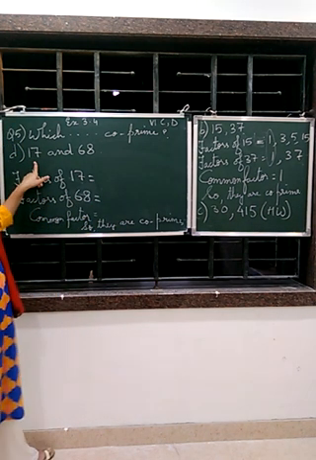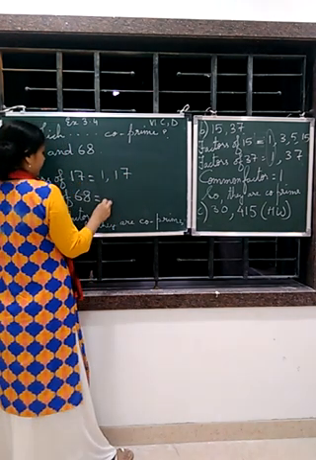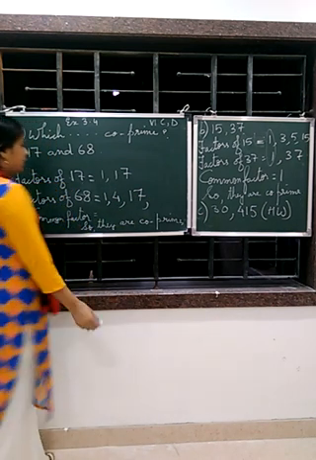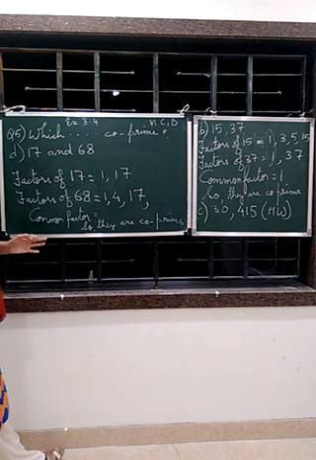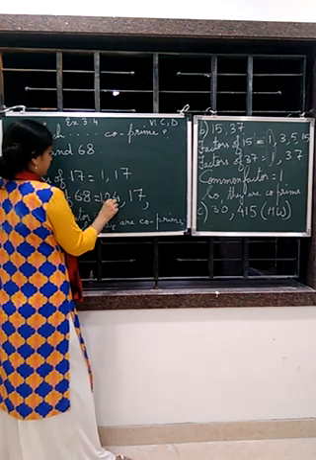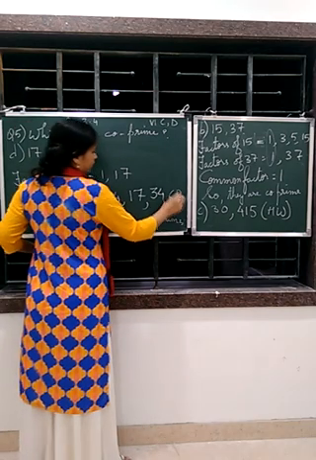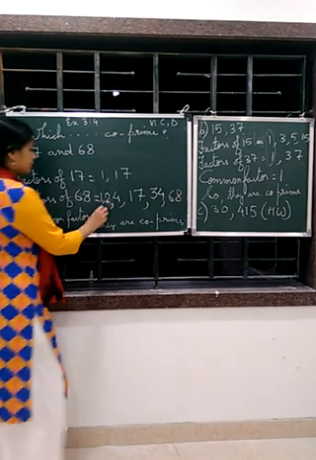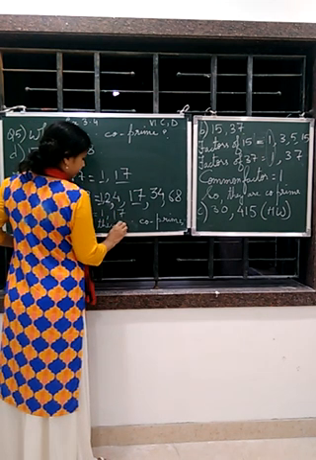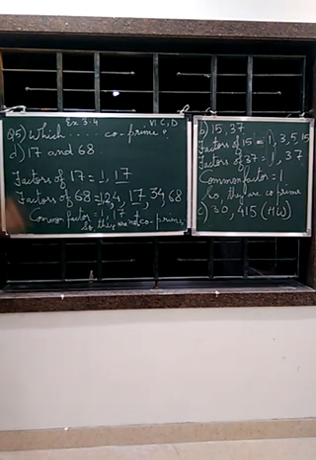If you multiply 17 by 4, you will get 68. And 17 is a prime number, so the factors of 17 are 1 and 17. For 68, you get 1, then 4 multiplied by 17, then it will go by 2 also, so 34 also. So what are the common factors? 1 and 17. So they are not co-prime. Okay, this completes D.